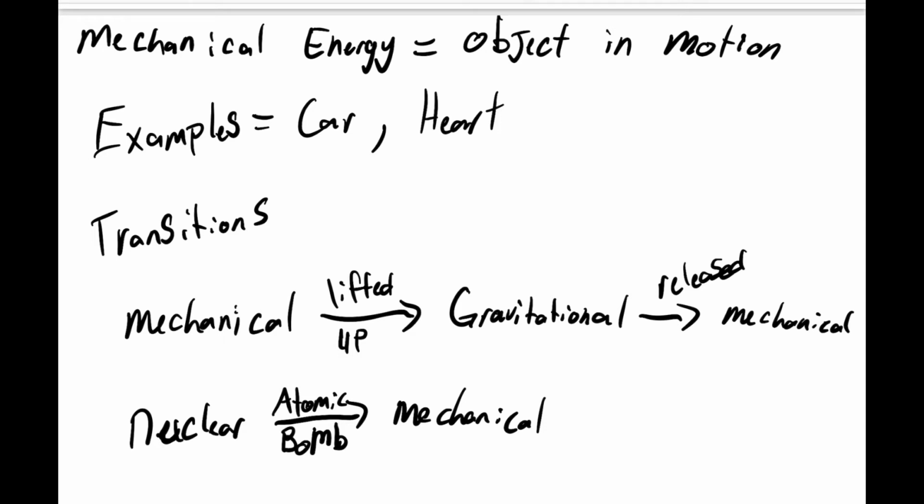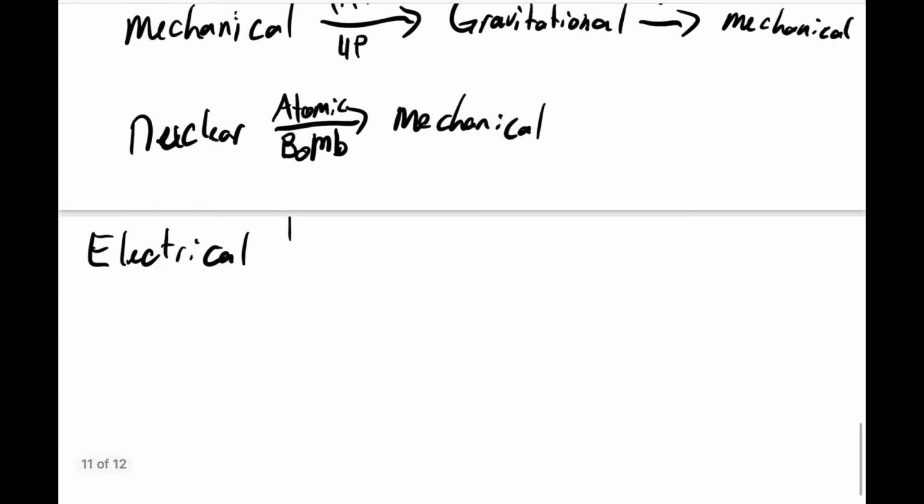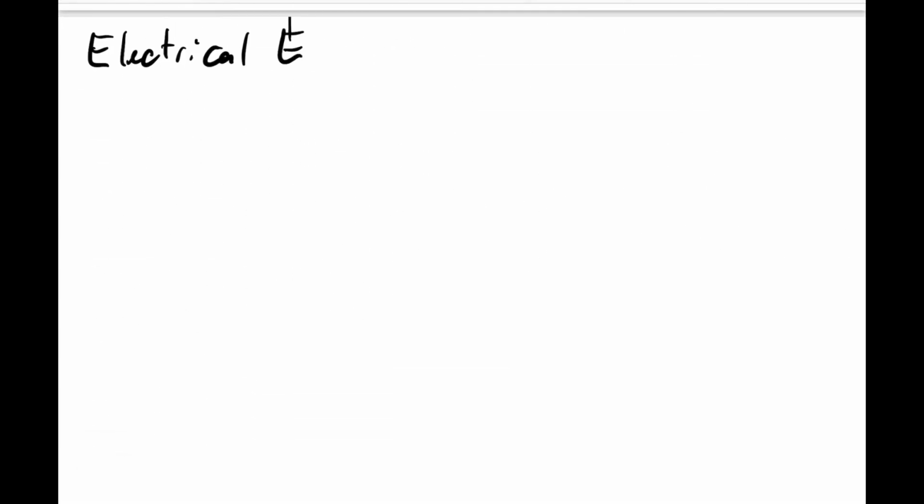All right, so let's go ahead and move on to our next one, which is electrical energy. Electrical energy, as I mentioned earlier, is electricity, and it occurs because of the movement of electrons through a system.